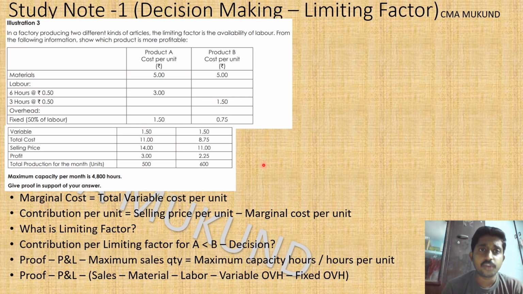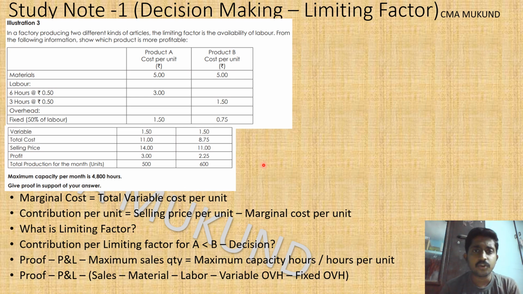You can either make product A or make product B. If you make 800 units of product A, draw the P&L for it. If you make 1,600 units of product B, draw a P&L for it.